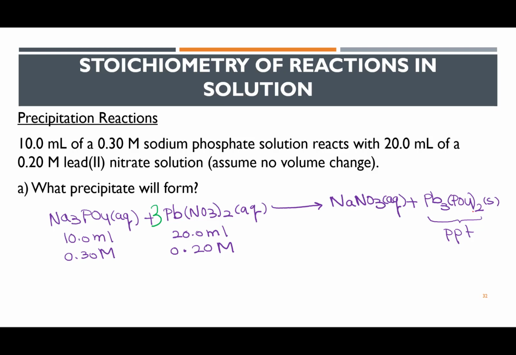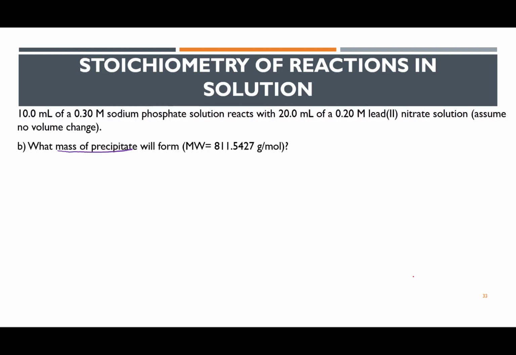Also, we have 2 phosphate ions on the product side, so I add a coefficient 2 in front of sodium phosphate. Now the number of leads and phosphate ions on each side is the same. We have 6 nitrate ions and 6 sodium ions, so I'm going to add a coefficient 6 here. Now this equation is completely balanced, and we can do the calculation.